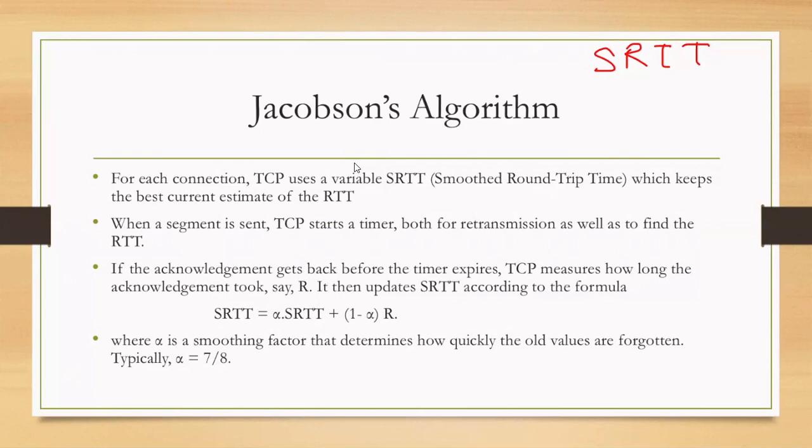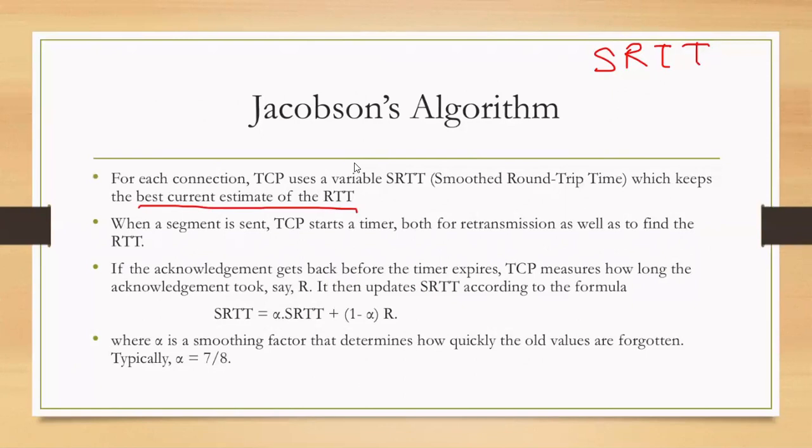There may be congestion, so SRTT will become higher. Round trip time will become higher. Again, after some time, the congestion may be relieved, and as a result, the SRTT will become shorter. So in this variable, we keep track of the best current estimate of the RTT.